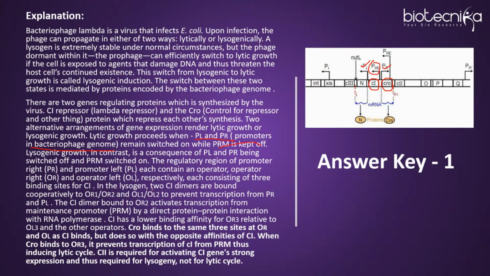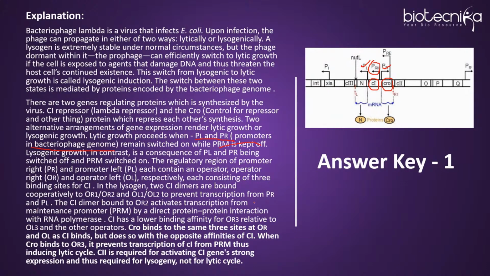In the lysogen, two C1 dimers are bound cooperatively. So in a cooperative manner, in the lysogenic phase, the two C1 dimers are bound to OR1 and OR2, and OL1 and OL2, to prevent transcription from PR and PL. If transcription from PR and PL is prevented, then the lysogenic phase will be there.